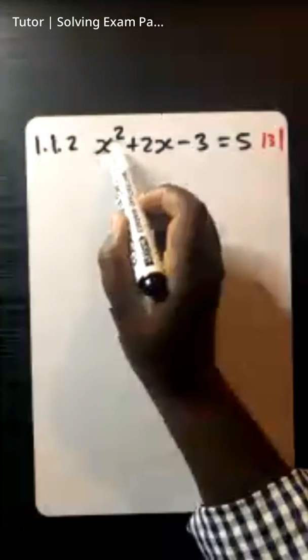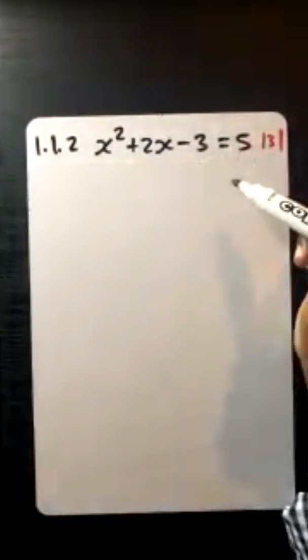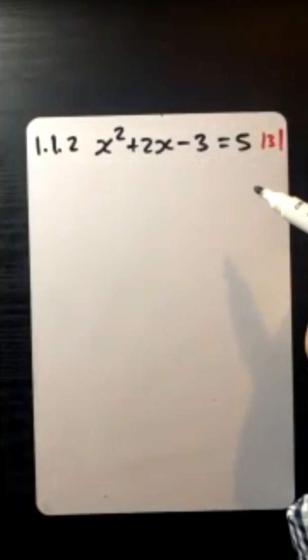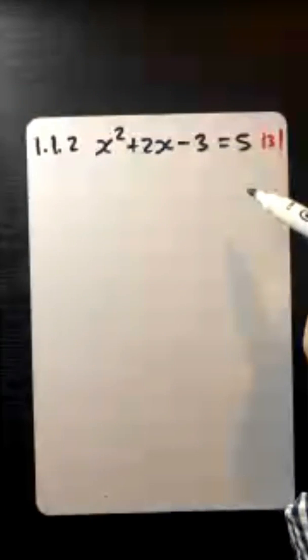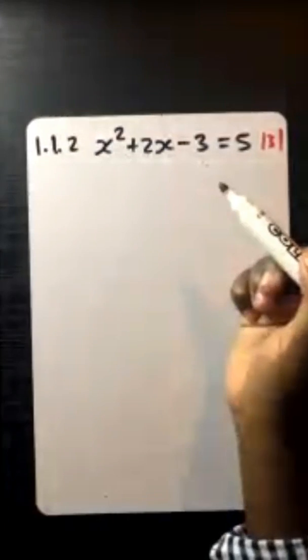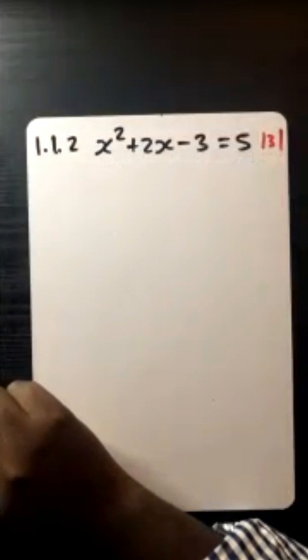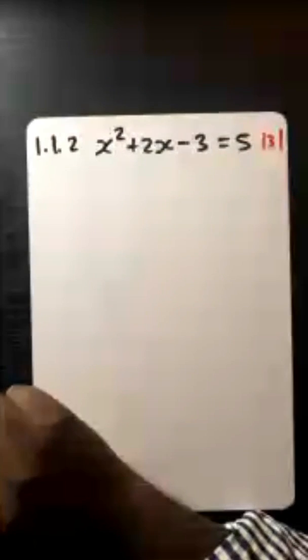It's because of that x squared, which makes it a quadratic, and that equal sign makes it a quadratic equation. So ladies and gentlemen, is this in the standard form? The answer to that question is a big no. Why? Although it's in the standard form on the left side, it's not equated to 0. What does it mean? It means I need to rewrite it in the standard form.